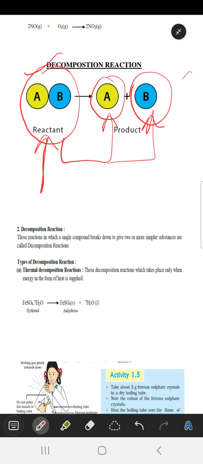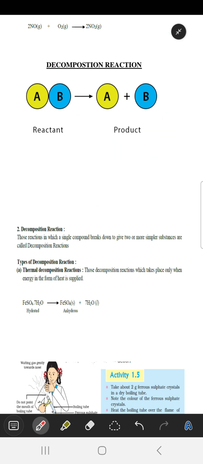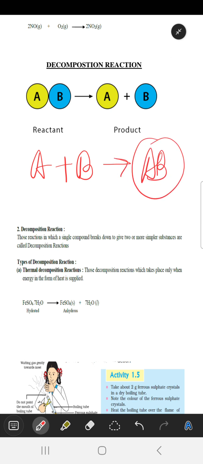So this is the new product that we get. The decomposition is exactly opposite to the combination reaction. In a combination reaction, we combine two or more substances to get a single product, but in a decomposition reaction, one single substance is divided into two or more substances.